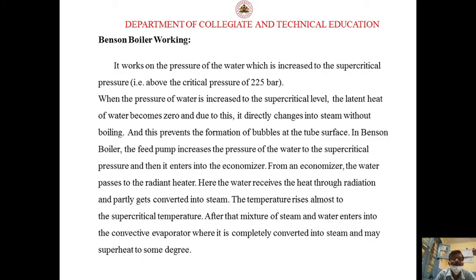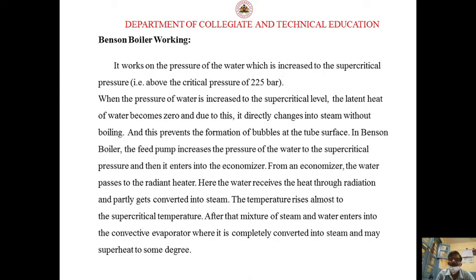When the pressure of water increases to the supercritical level, the latent heat of water becomes zero, and due to this it changes directly into steam without boiling, which prevents the formation of bubbles at the tube surface. In the Benson boiler, the feed pump increases the pressure of the water to supercritical pressure, and then it enters the economizer.